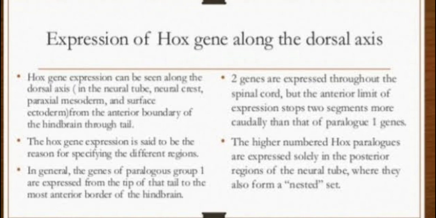The Hox gene expression can be seen along the dorsal axis in the neural tube, neural crest, paraxial mesoderm, and surface ectoderm from the anterior boundary of the hindbrain through the tail.